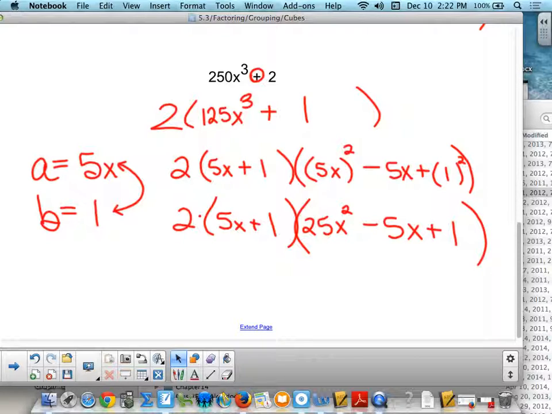Remember, this is kind of what I told you. GCF first, it was 2 squares. And then is it a triangle? So GCF is first every time. This one for sure.